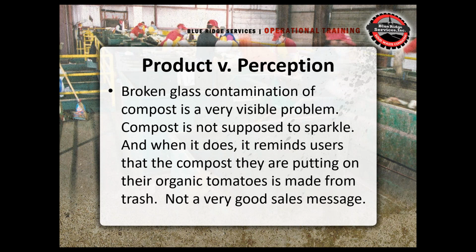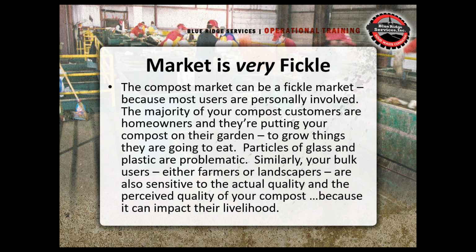Broken glass contamination is a very visible problem, and compost is not supposed to have any sparkle to it. And when you are trying to market compost that has pieces of plastic or pieces of glass in it, folks who want to put compost on their organic tomatoes are not going to be very happy about that, and it's a very fickle market. The composting market can be very fickle.